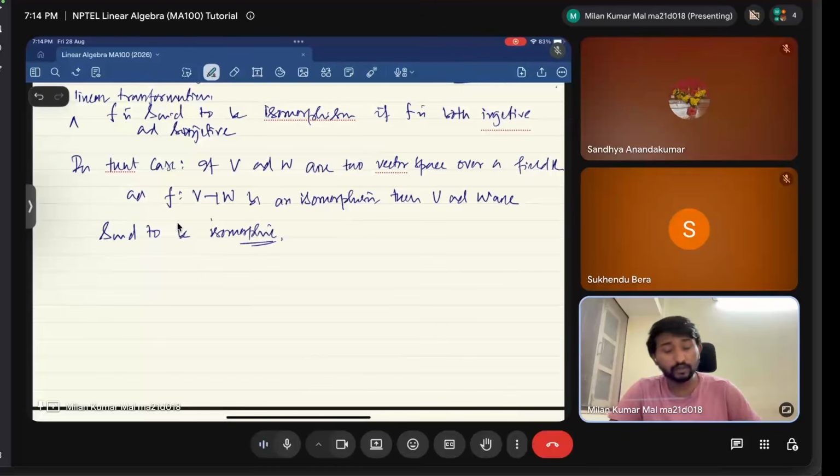This is what is called isomorphism, and whenever we have an isomorphism between two vector spaces, we say those two vector spaces are isomorphic.